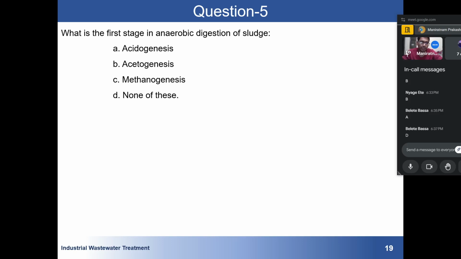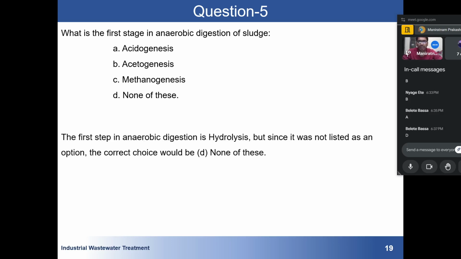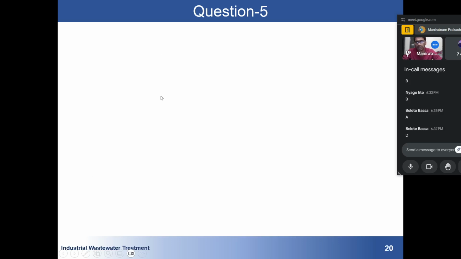D. Yes, correct answer is D. The first step in anaerobic digestion is hydrolysis. If you recall, there are four processes. That is, first there will be hydrolysis, then acid formation, then acetone formation, then methane formation. But you can see that hydrolysis is not written in the other options, so the correct answer is D.